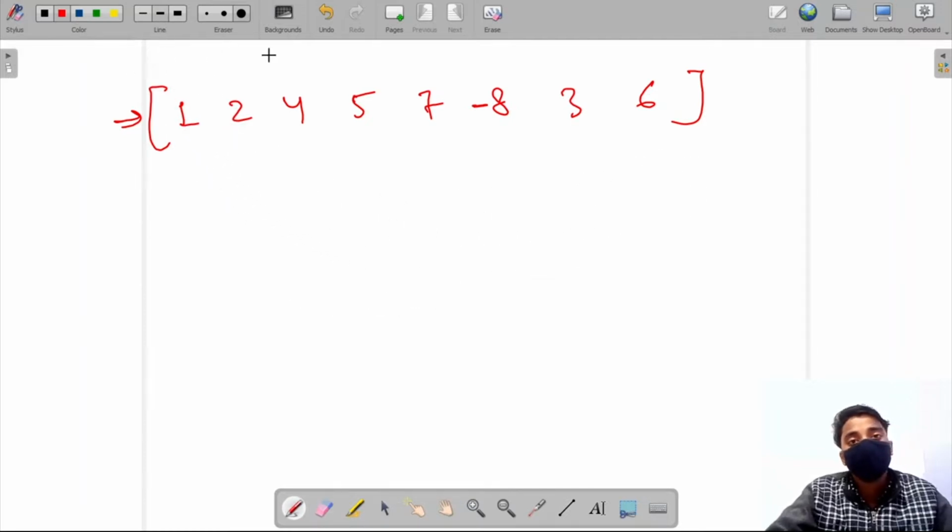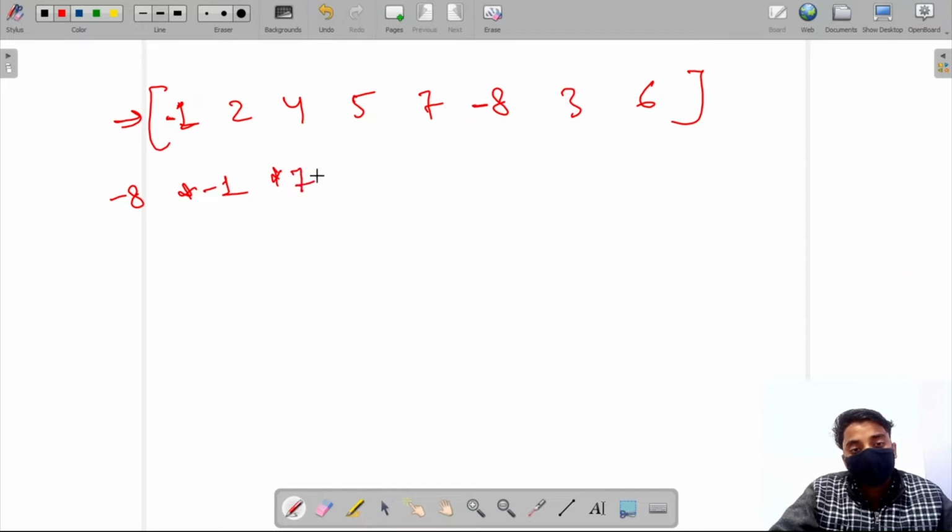This means we need to find the two smallest numbers in negative form. But the two minimum numbers which are negative cannot always give the max product of the array. How? Let's take another example. Let's say this is also 1 and minus 1. Now this time the two minimums are -8 and -1. The maximum number is 7.